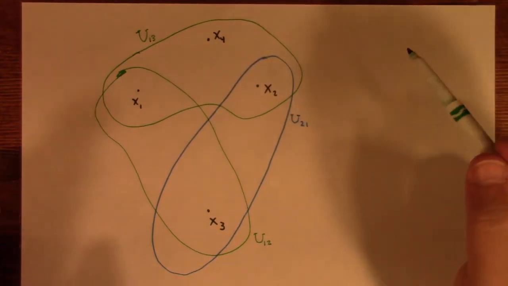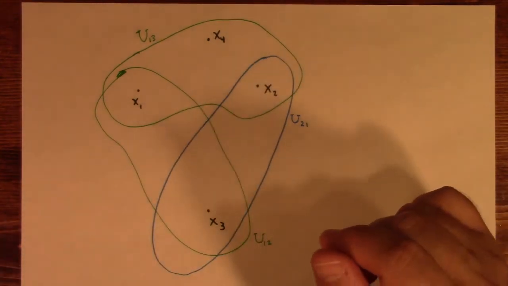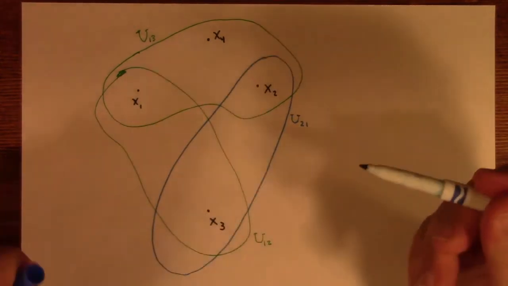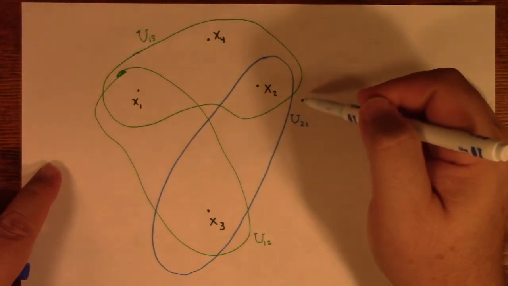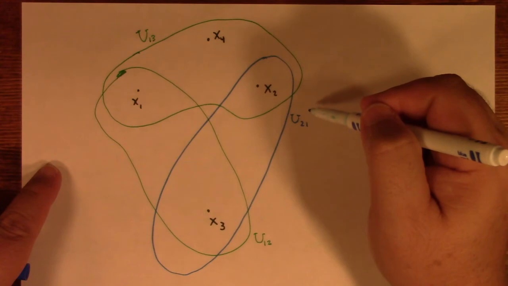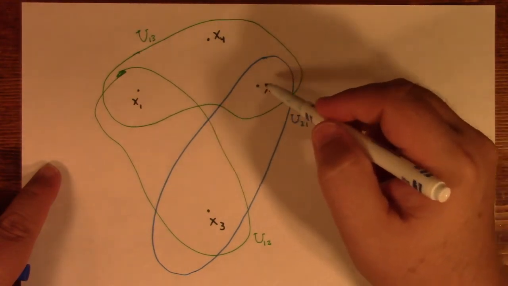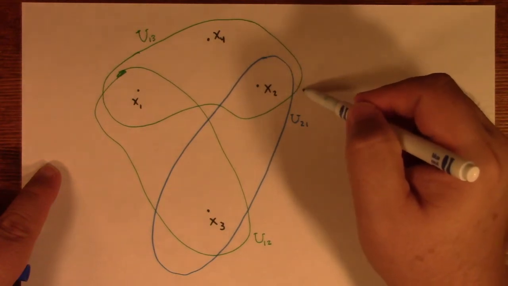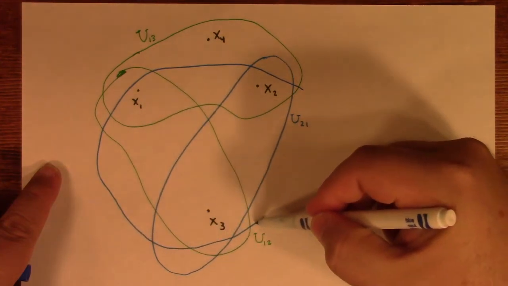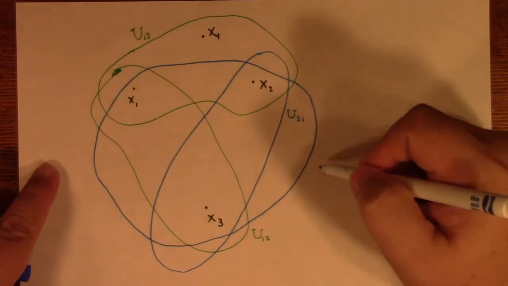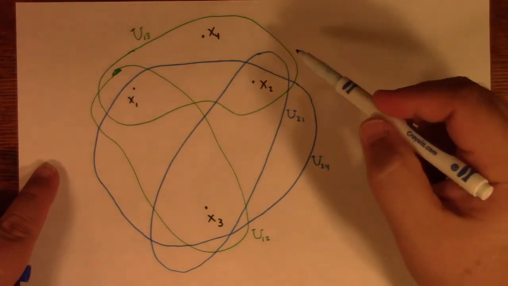And then I can also have a U2... let's see here, U21, U24, I guess. Could be like this, right? No, it contains everything except for 4.